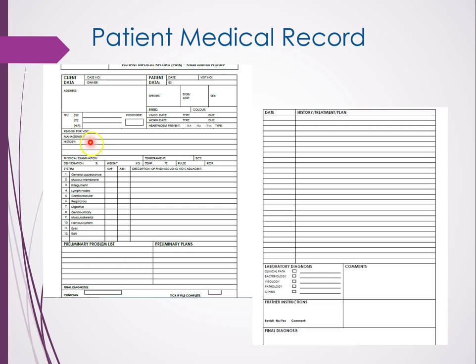I like this bit so much, which is reason for visit, because it will give you some pre-information about whatever that you're going to find in your consult room before you even meet your patient. They will tell you straight that, hey, maybe it's a broken leg, or maybe it's a systemic issue because the patient is not eating. So you can actually somewhat strategize on how you can conduct your physical examination.